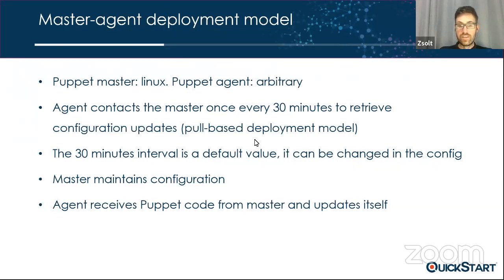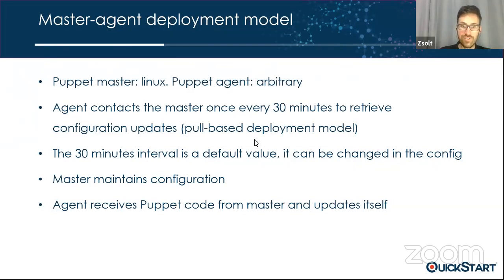And the master and the agent are synchronized so that this communication happens on a secure channel. So before any communication is initiated, a certification process happens that makes sure that they have a dedicated secure channel so that the communication is secured. So agent receives the Puppet code from the master whenever the agent contacts the master. And after running the Puppet code, the configuration is updated on the agent computer.